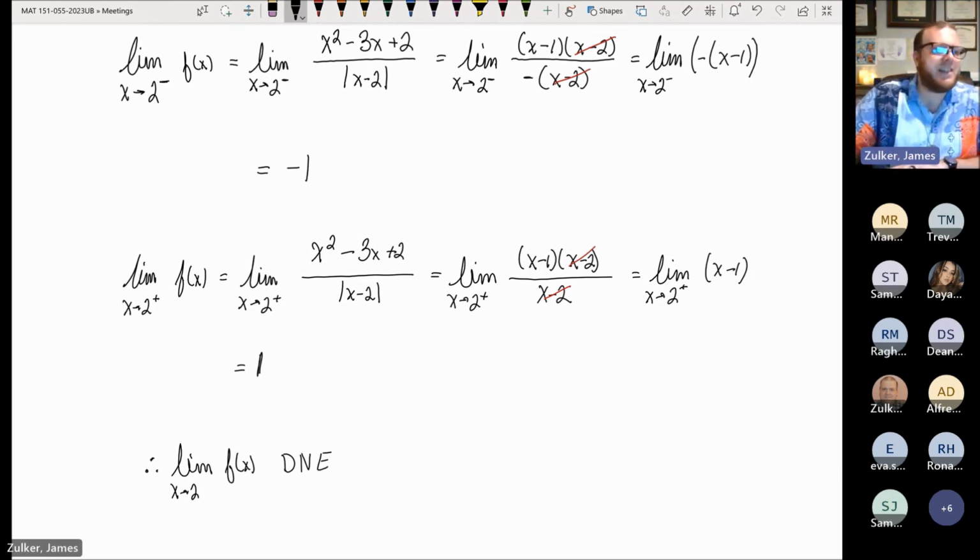That means this limit does not exist. So 2 is a point of discontinuity.